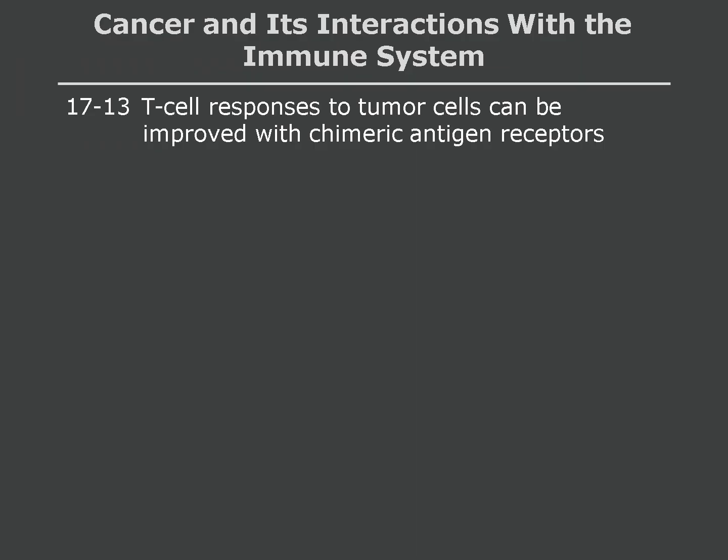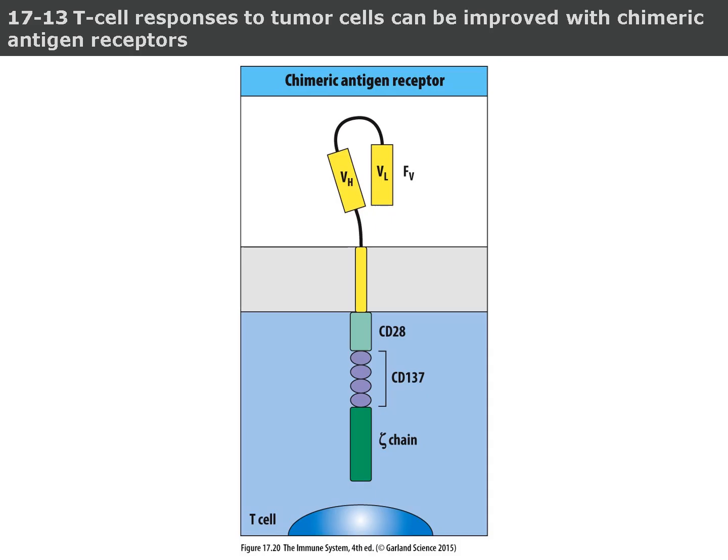T-cell responses to tumor cells can be improved with chimeric antigen receptors. This figure shows the structure of a chimeric antigen receptor used to improve T-cell responses against tumor cells. The chimeric receptor combines an antigen-binding domain derived from antibody variable regions with intracellular signaling components from CD28, CD137, and the zeta chain.